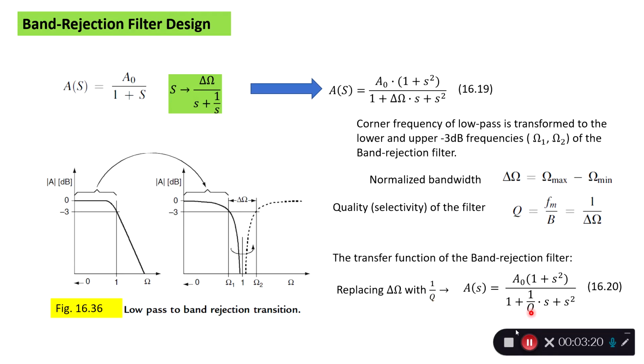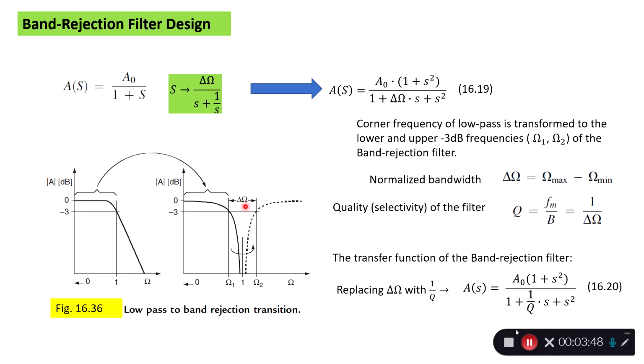So now we have the band rejection transfer function as a function of A0, the gain in the passband, and then how narrow it is here. The Q decides how selective it is. It's just the inverse of the band pass filter.